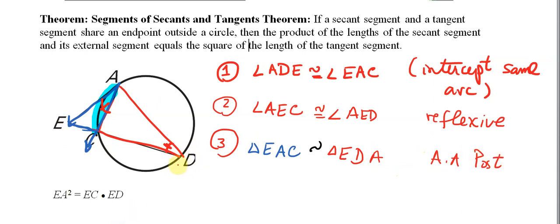And again, with this in mind, we can put together a similarity or proportional statement. EC in the first triangle matches up with EA in the second triangle. So I can write that up. EC over EA is equal to, and then in the first triangle, EA matches up with ED in the second triangle.